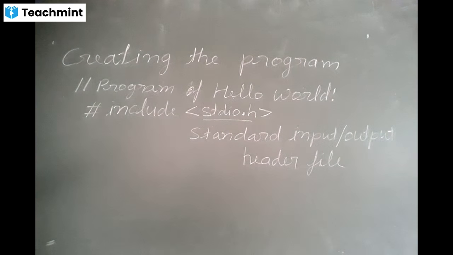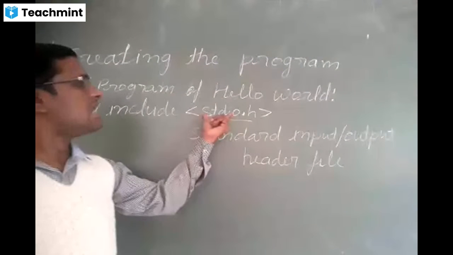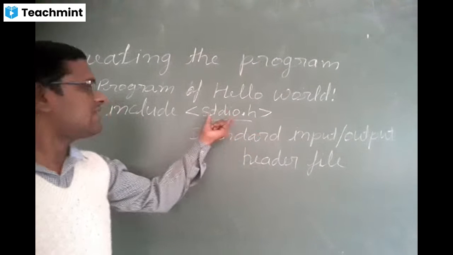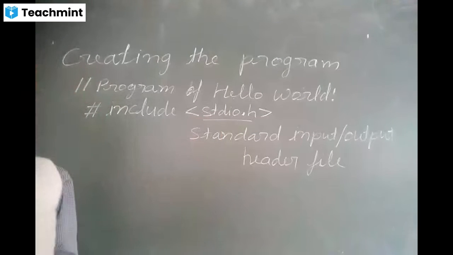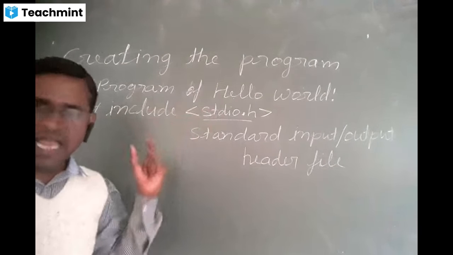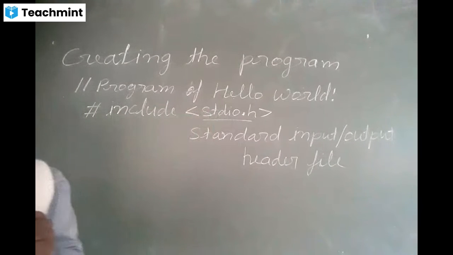So stdio.h is the header file, and the full form of stdio is standard input output. All functions concerned with standard input output have their definitions in the stdio.h header file.